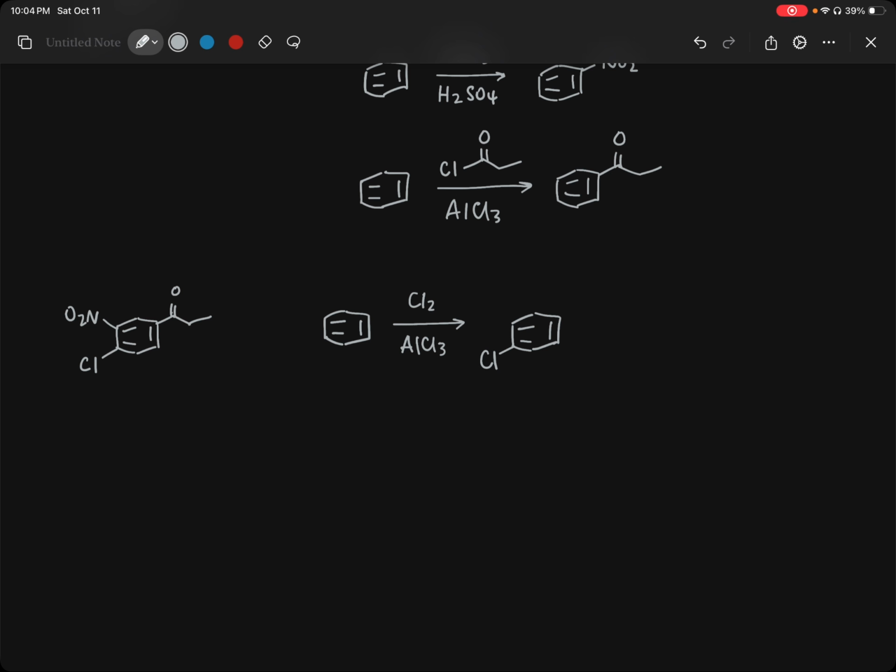Okay, so why don't we do the acyl group first? This is going to work because the chloride here is an ortho-para director, so it's going to direct to the ortho position, which is there and also there, and then the para position, which is on the opposite side of the ring. Okay, so to do our acylation reaction, we need this set of reagents.